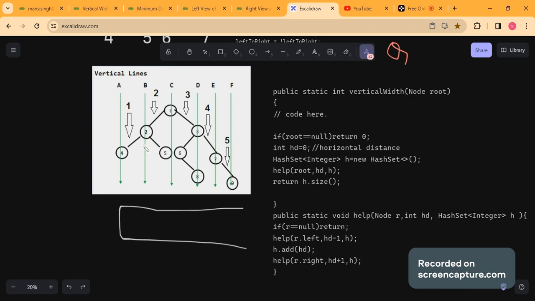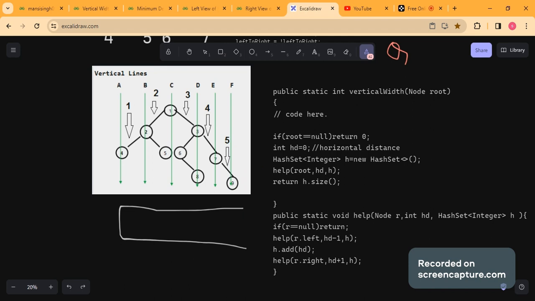Because even if I assign all the indexes to all these nodes, there is still no use because I don't know what the answer is. Suppose this has an index of minus 2 and this has an index of 3, but how to use it? For that we would use an unordered hash set. Here we would store all the indexes, and we know that in an unordered set no repetition is allowed, so you would be able to store an index only one time.